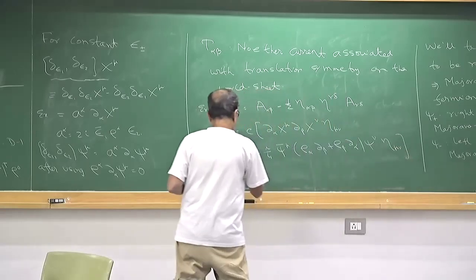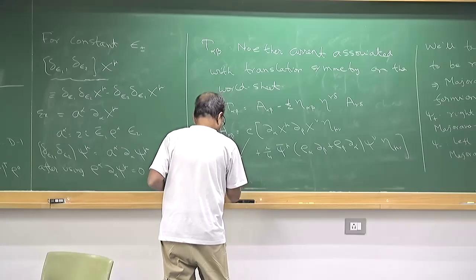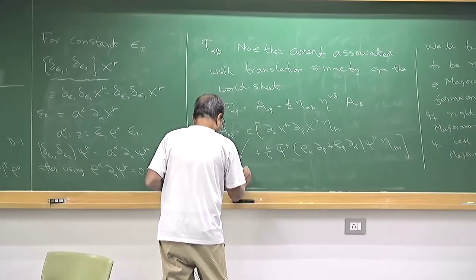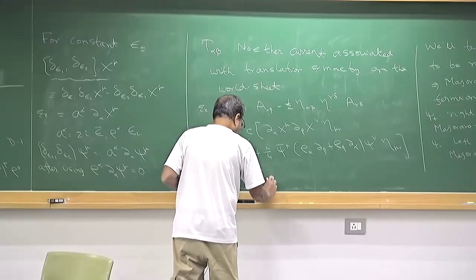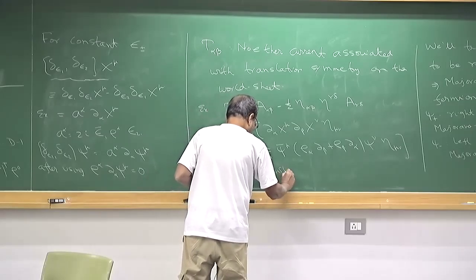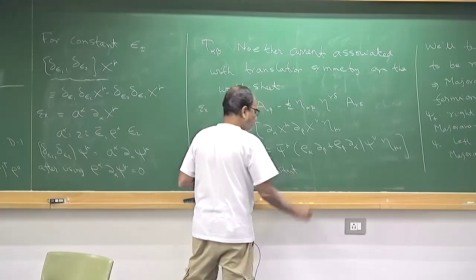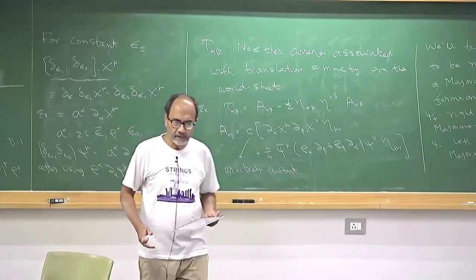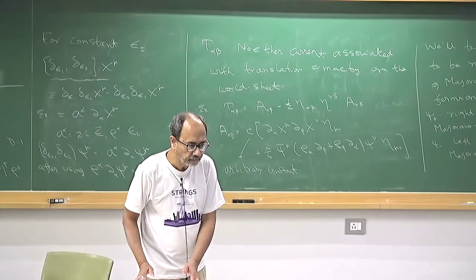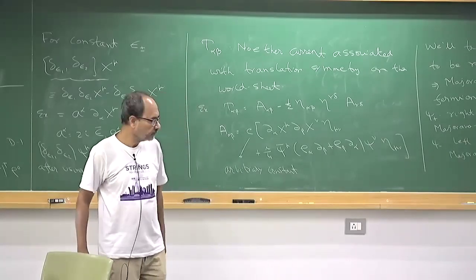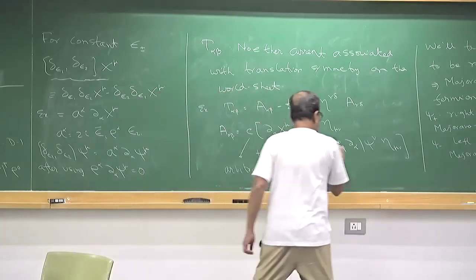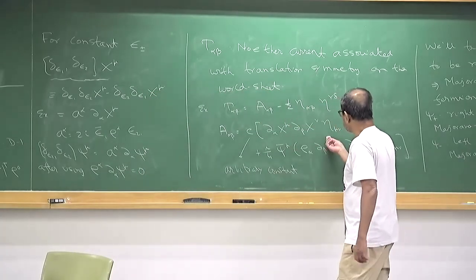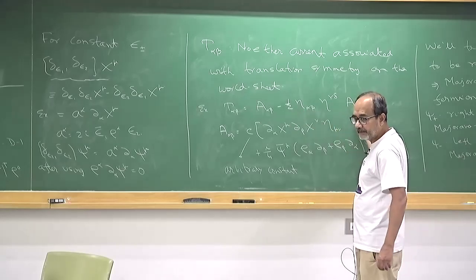So C is an arbitrary constant because the overall normalization of T alpha beta is not fixed. That depends on how you normalize it. This part you will recognize, this minus the trace part.